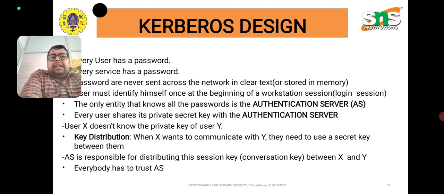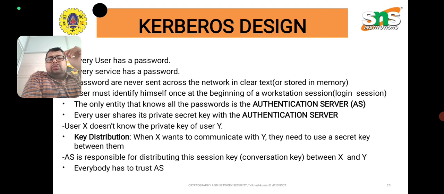I repeat, every user has a password and every service has a password. The password is never sent across the network or stored in memory. The user must identify himself once at the beginning of the workstation session. The only entity that knows the password is the authentication server. Every user shares his private secret key with the authentication server.